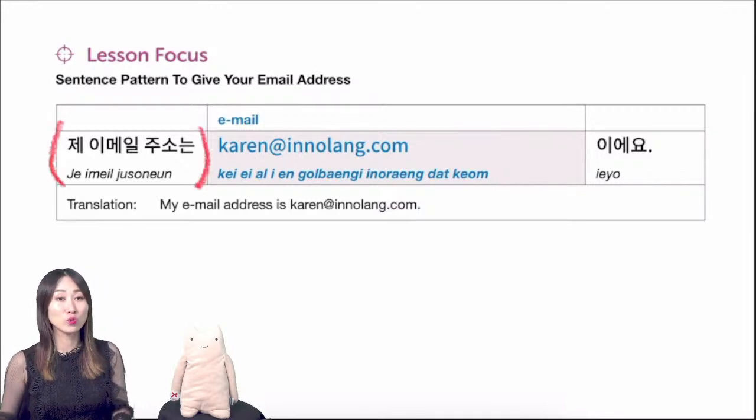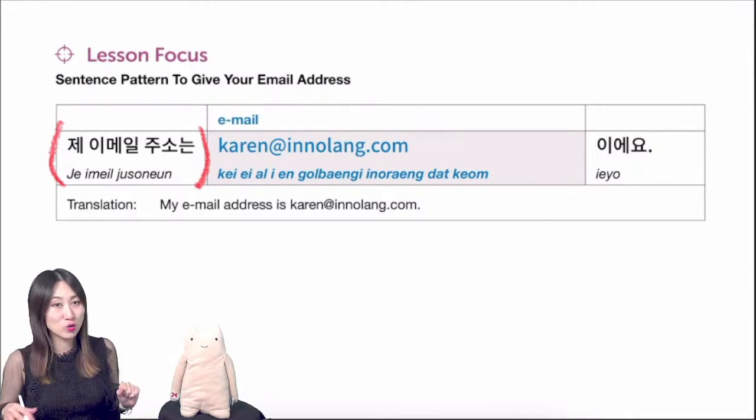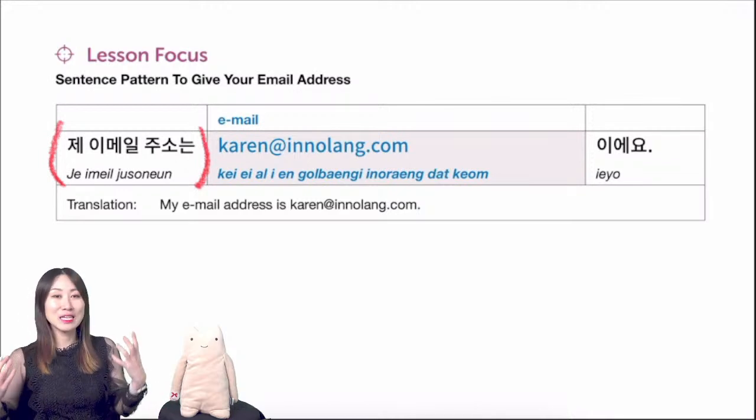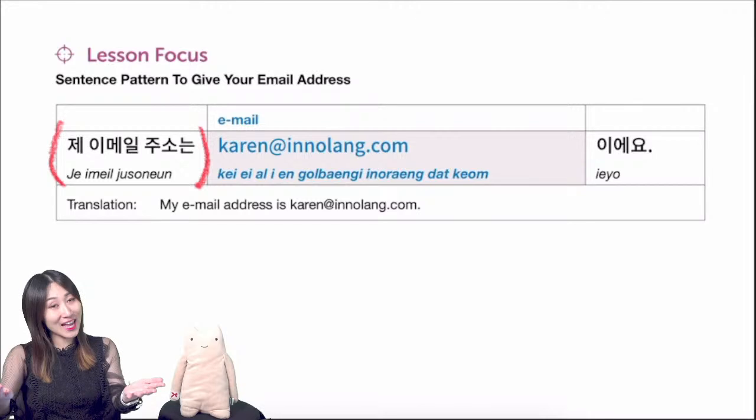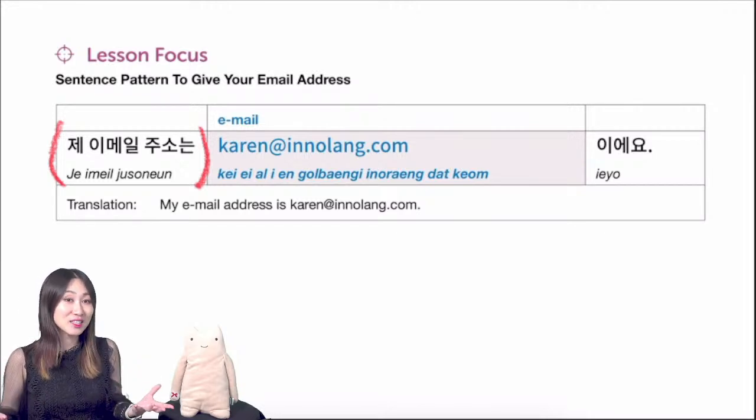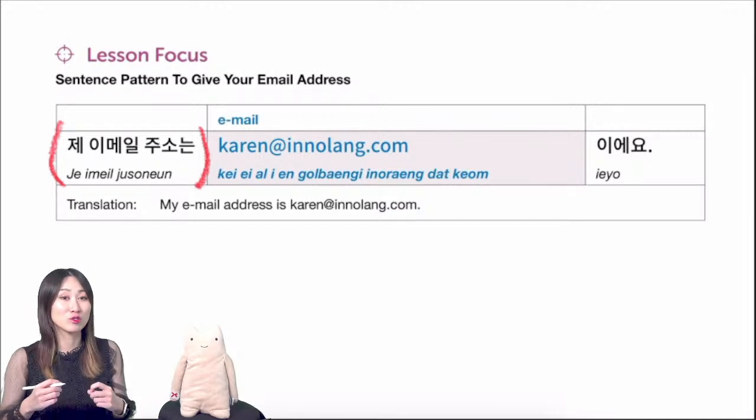In English, imagine someone is asking your email address. What is your email address? You can say, it's Karen@inulang.com. Is enough. You don't really have to say, my email address is. Of course, you can if you want, but same in Korean, it is repeated information, so you don't have to put it. You can omit it if you want.